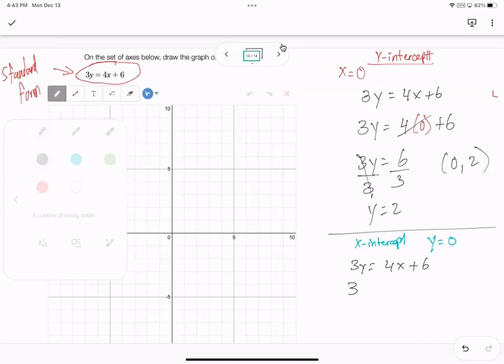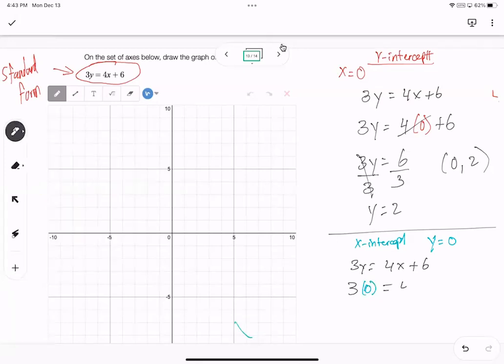So I'm going to plug in 3 times 0 is equal to 4x plus 6. 3 times 0 is 0, which is equal to 4x plus 6. I need to get x by itself. So I'm going to subtract 6 from both sides. I'm left with -6 is equal to 4x.